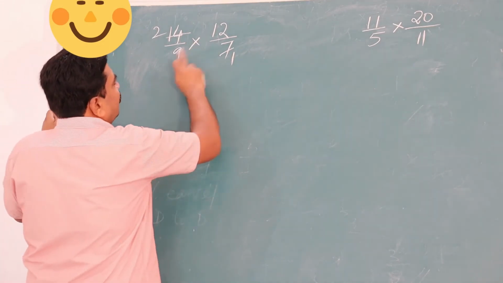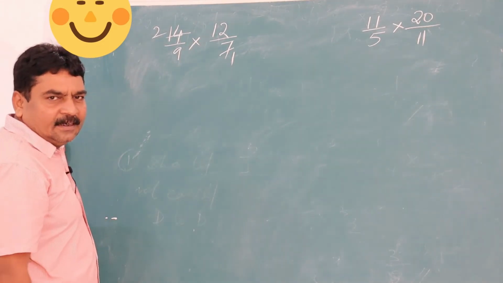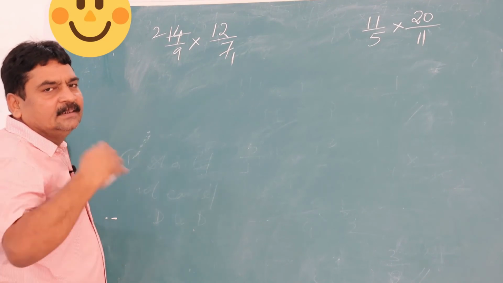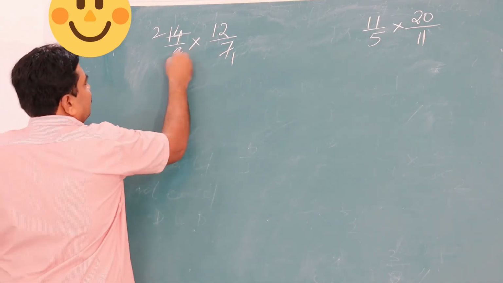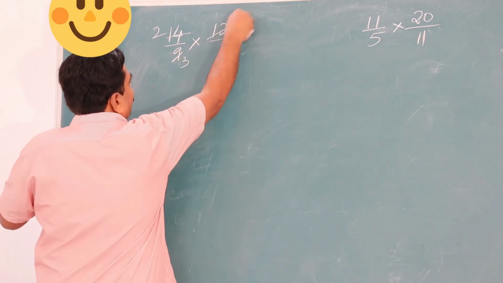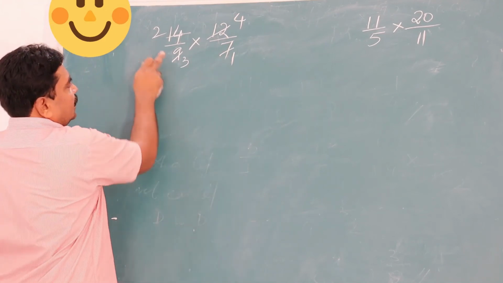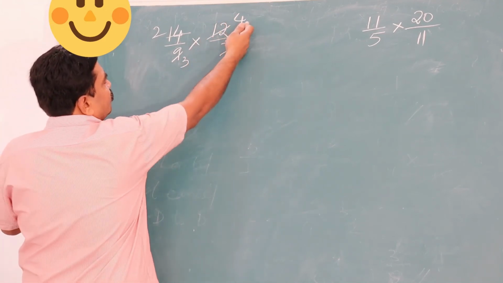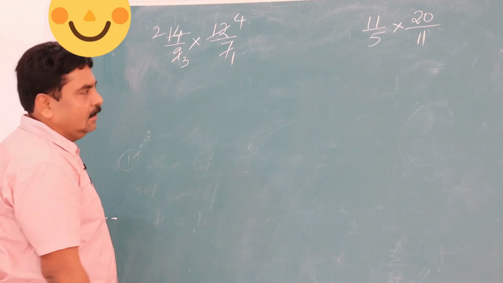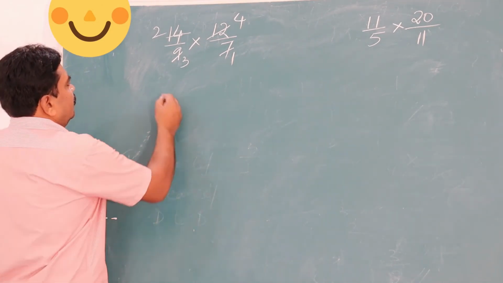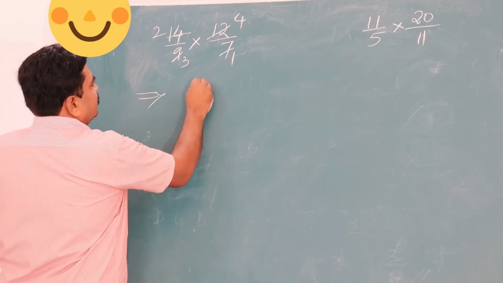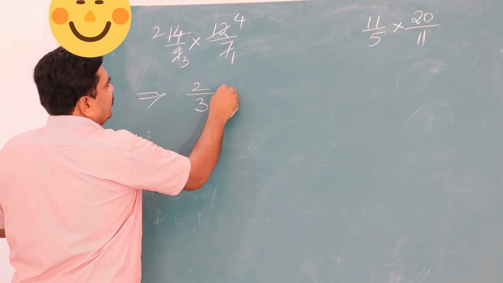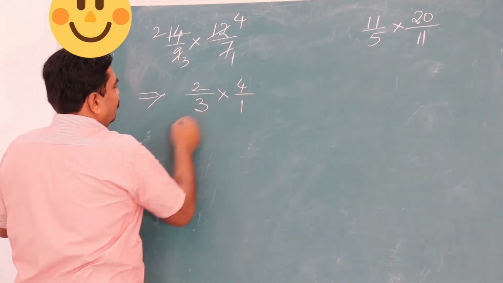Then 9 and 12 have a common multiple, right? 3. 3 3s are 9, 3 4s are 12. Now you got one fraction as 2 by 3, another one as 4 by 1. So in the next step, it is 2 by 3 into 4 by 1.